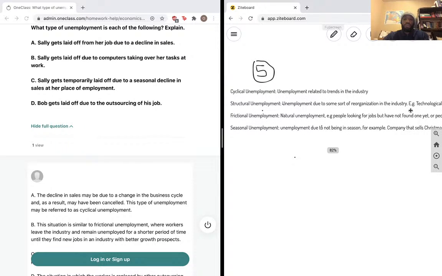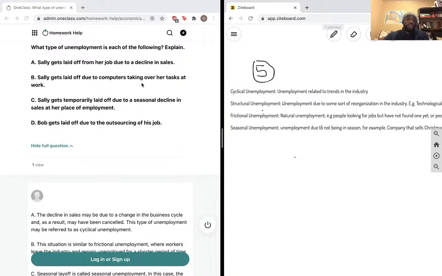For example, this just says a technological change and computers being able to do your work for you is the company reorganizing, and because technology is on the rise, they no longer need you for that position. So I would say B is structural unemployment due to the fact that it's a technological change and she's only unemployed because of the technological advancement of computers being able to do her work for her.